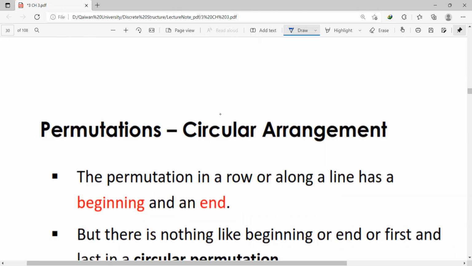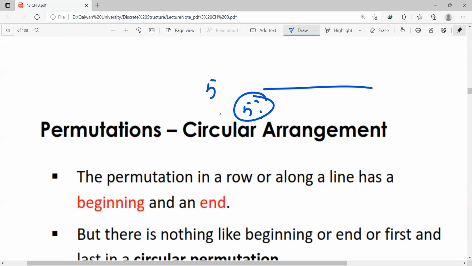We now have permutations of circular arrangements. For the line arrangements, we said to arrange, let's say 5 people on a line, it equals 5 factorial. For example, arranging 5 people on a line, it is 5 factorial.